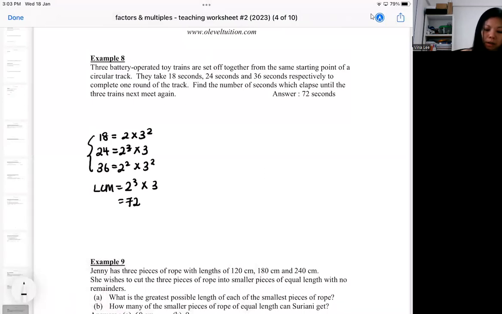So if everything here is in seconds, the LCM you got will be in seconds. So the significance will be something like every 72 seconds, the 3 trains will meet at the starting point.